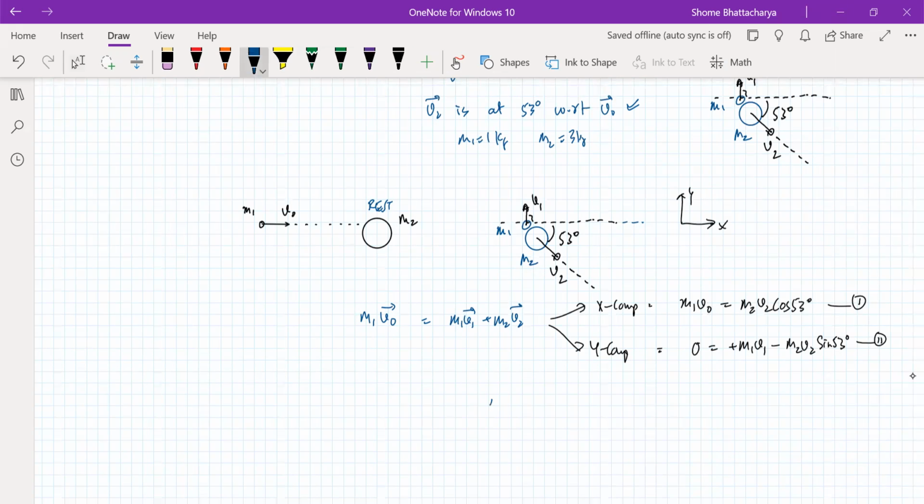So equation 1, we substitute M1 and M2's values, V0, which is 5, is equal to 9 by 5 V2. So from this we can directly get V2, rounded off to first place.